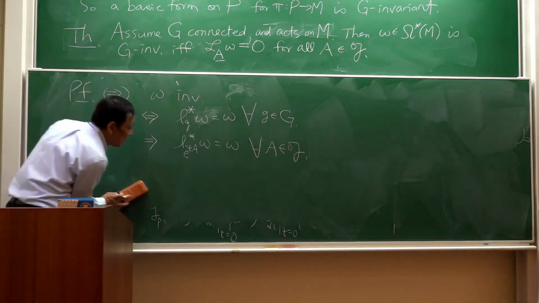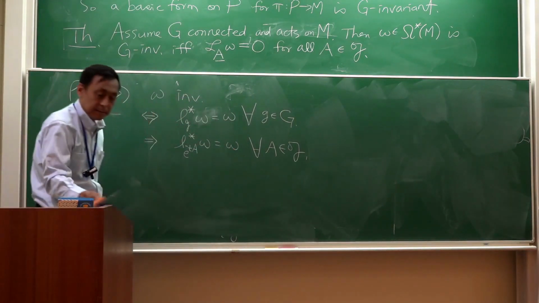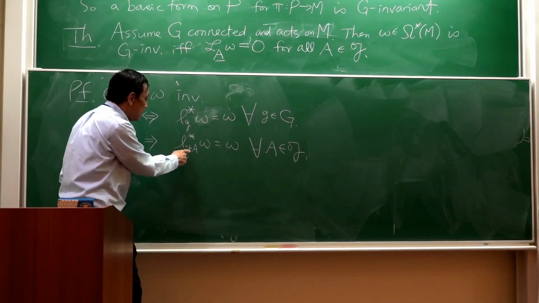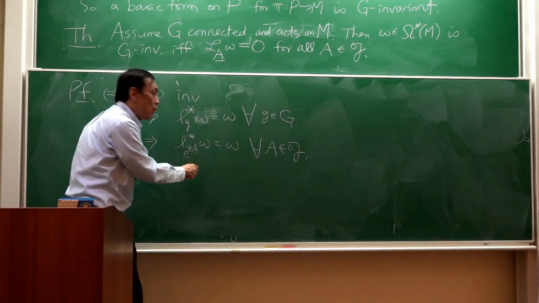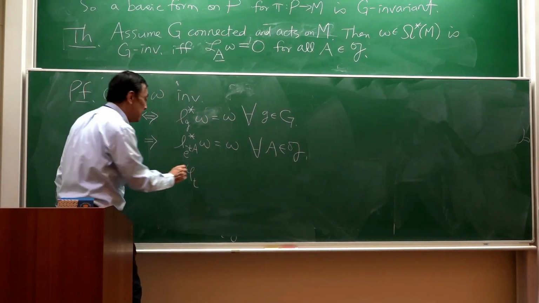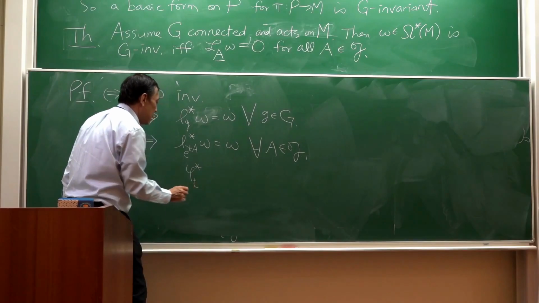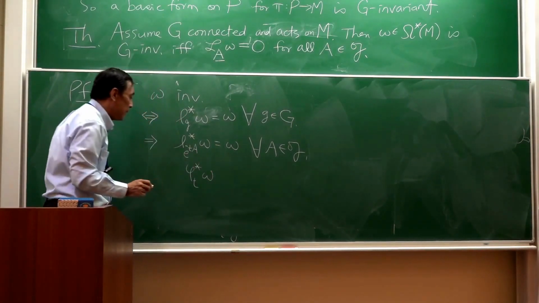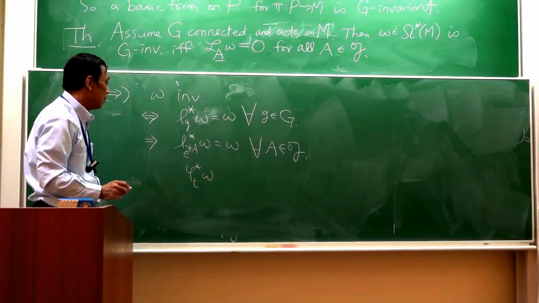But you know that left multiplication by e to the minus tA is the integral curve, phi t. And so this is the same as phi t star of omega.